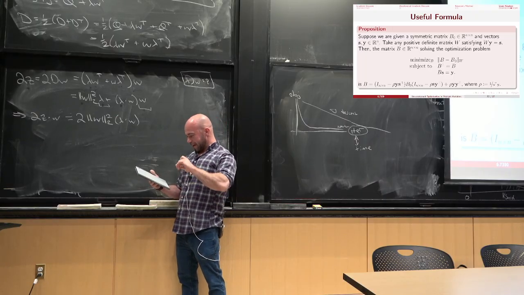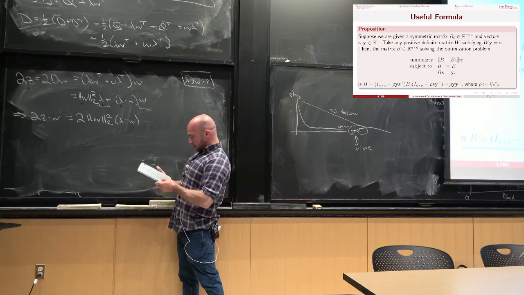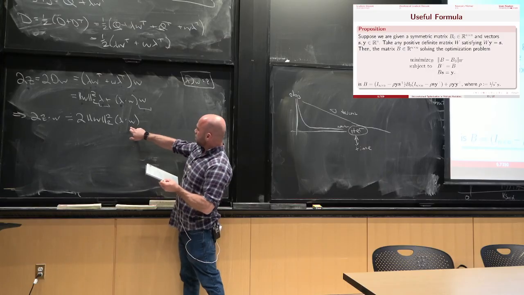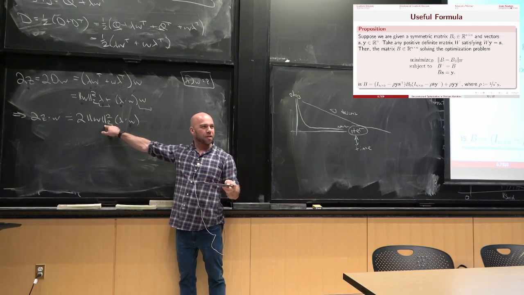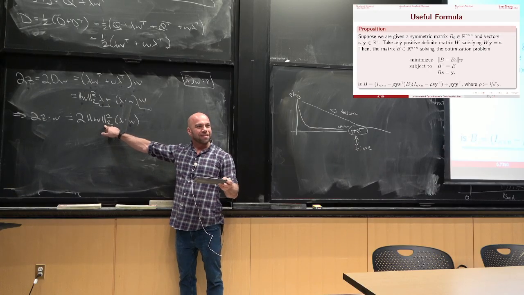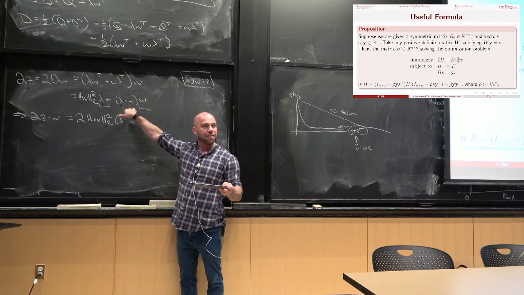So in particular now, why bother doing that? Well, by the way, we're going to assume that w is not equal to 0 or else our original optimization problem is kind of goofy. So in particular, we now have an expression for this lambda dot w term here, right?